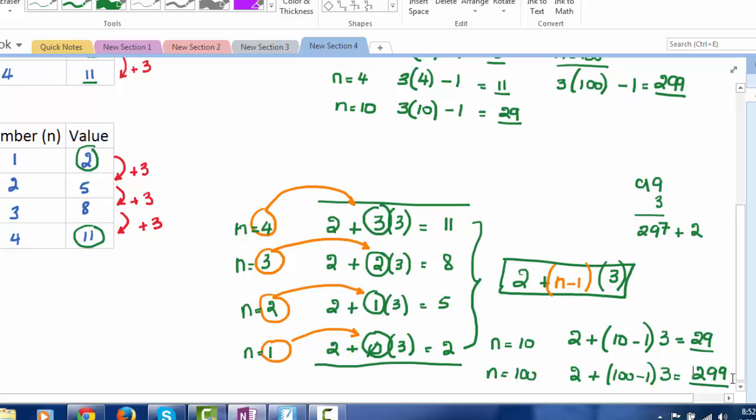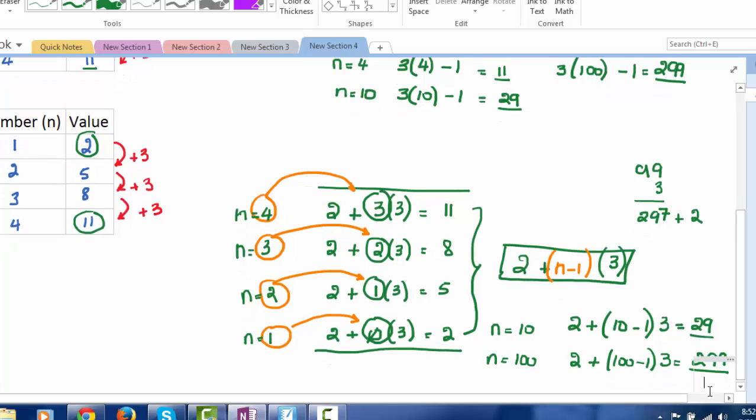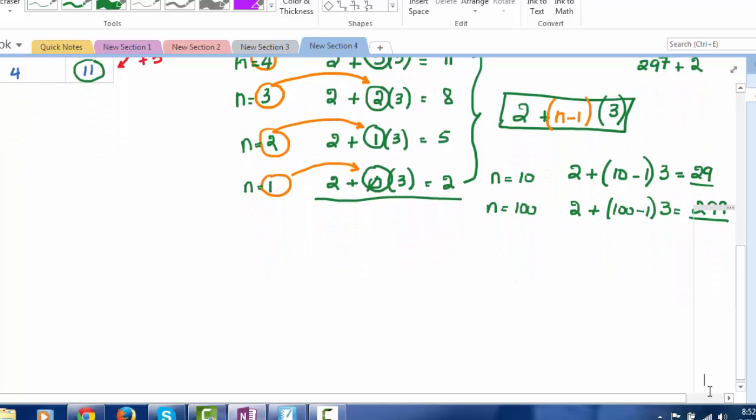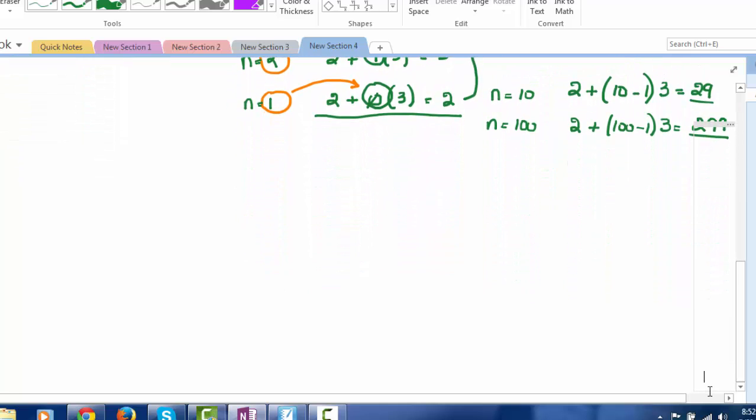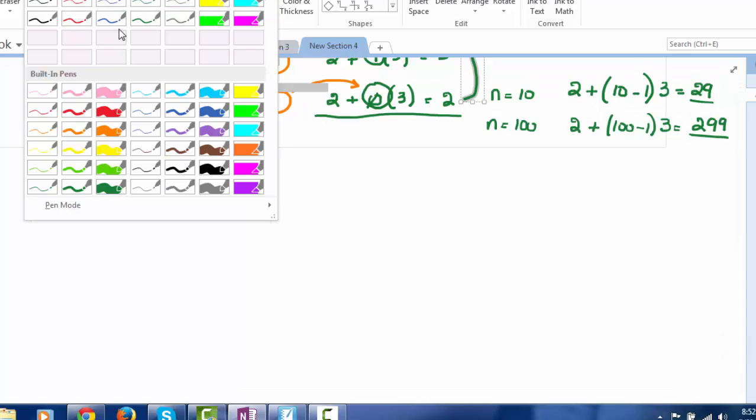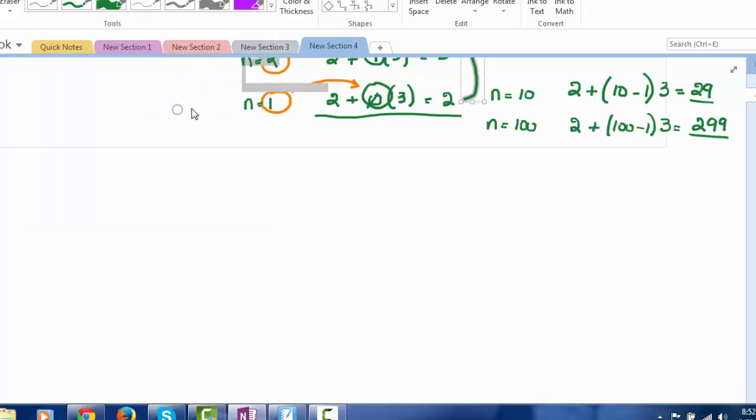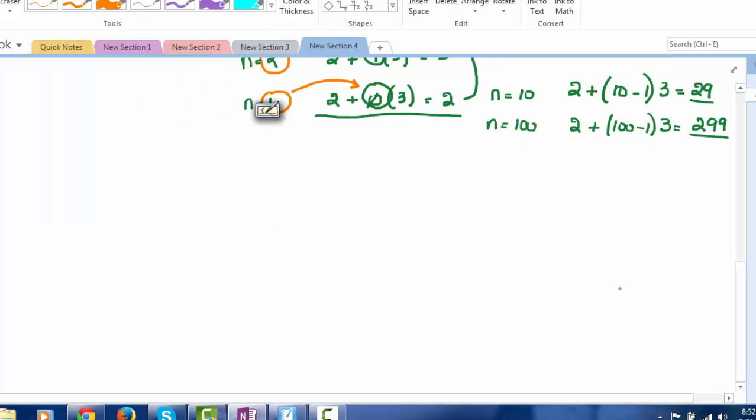Now I need to answer the question that I mentioned before. How can we get two different algebraic expressions and they lead to the same answer? So let's write these two. I'm going to choose, let's say, the blue color. Let's take the first algebraic expression.